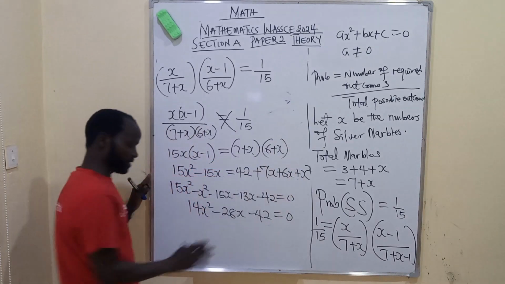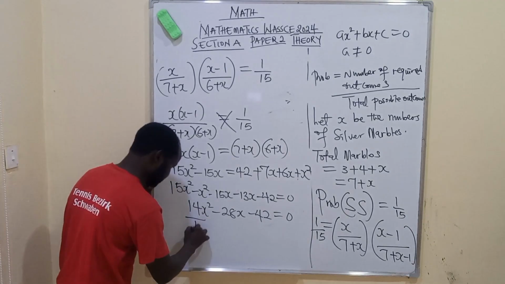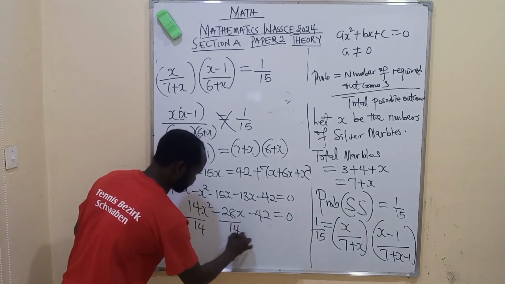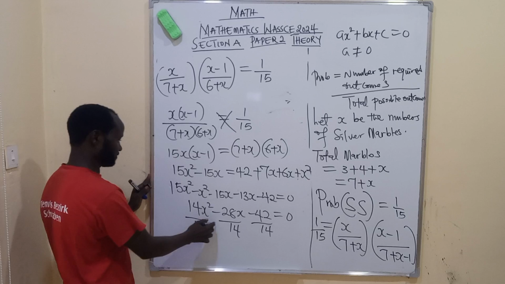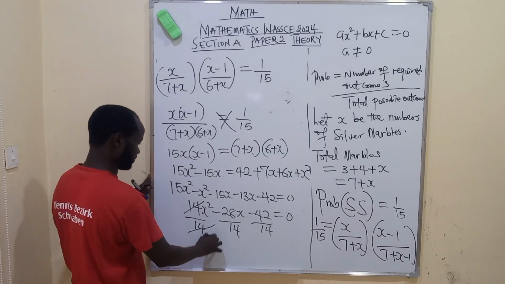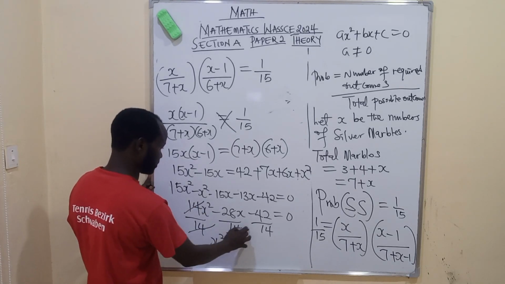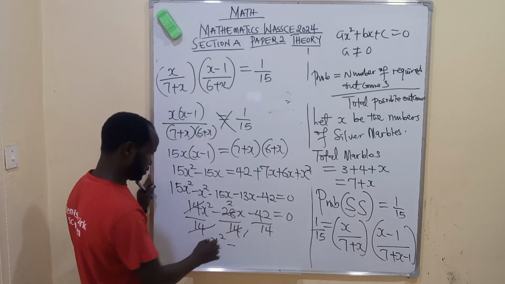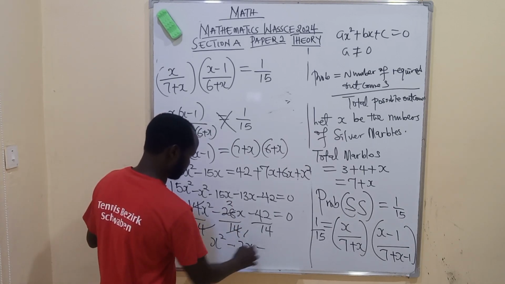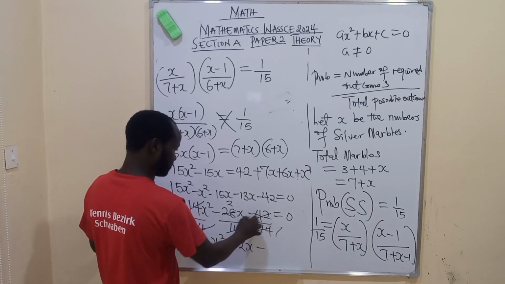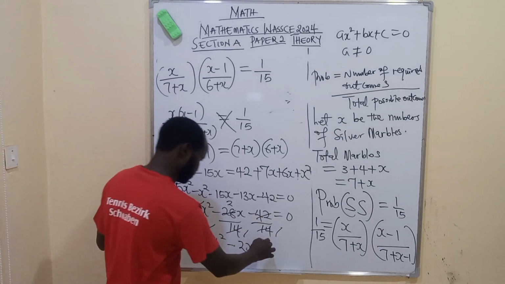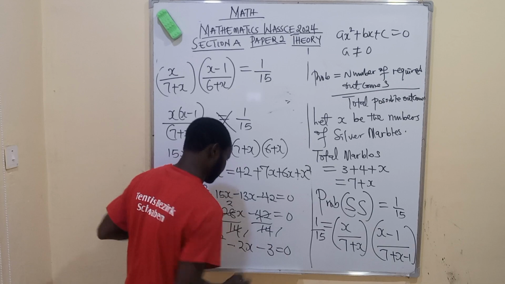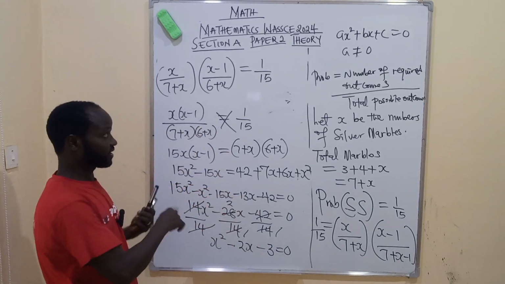So let's divide through by 14 to reduce this. Divide this by 14, divide this by 14, divide this by 14. 14 will divide this, we will be left with x squared minus 14 here, 1. 14 into 28, that will be 2. So we'll be left with 2x minus 14 here, 1. 14 into 42, it will be 3, equals to 0. So we can easily factorize now.